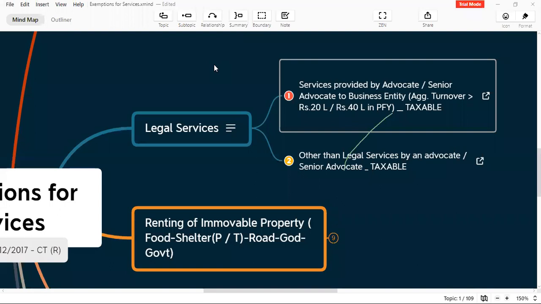I went to an advocate and took a legal opinion on a tax matter. So you have to decide whether it is a legal service or not. Number two, in the current year my business is zero. However, in the previous year, services provided are 15 lakhs, goods supplied are 15 lakhs, so totally 30 lakhs. Is this taxable or not?